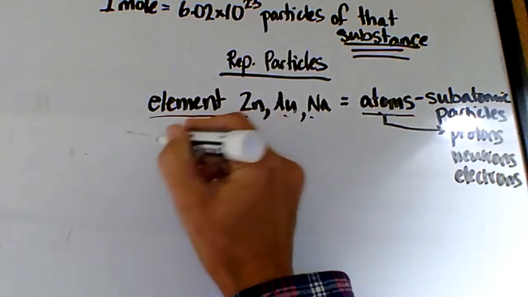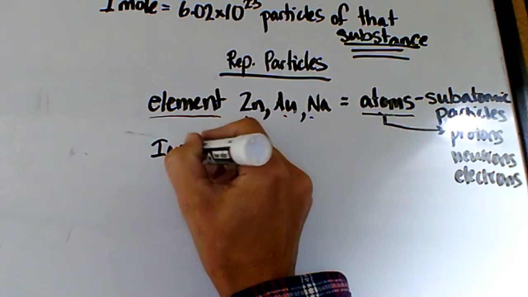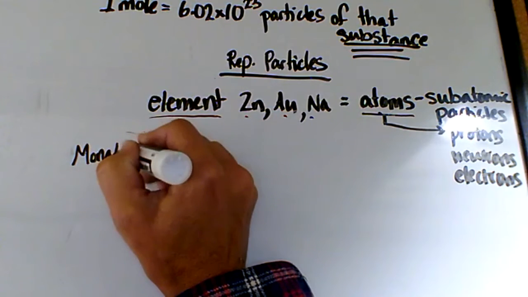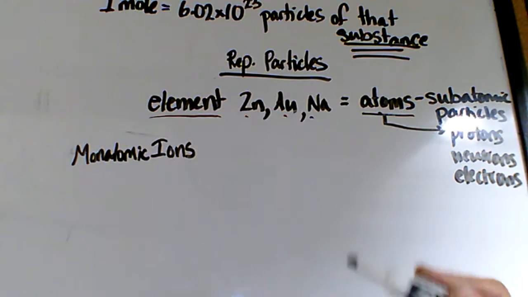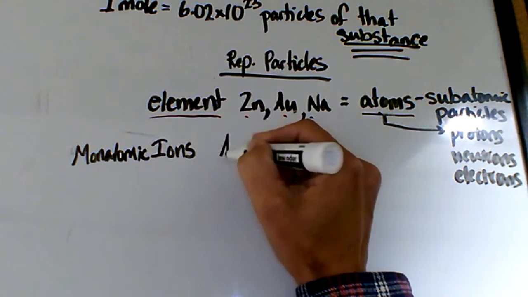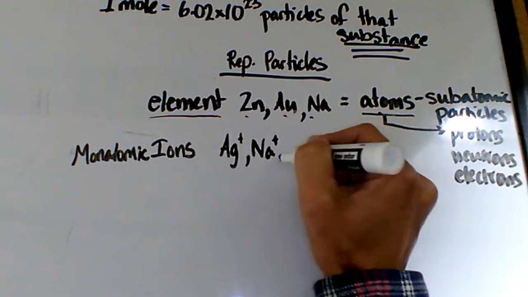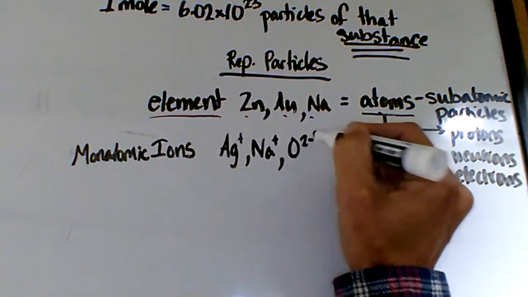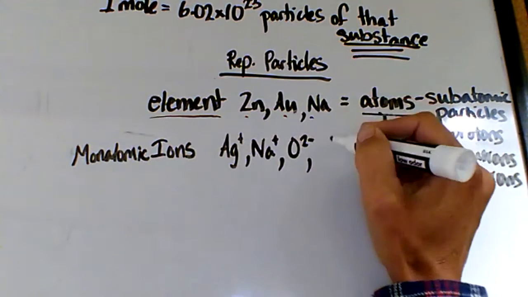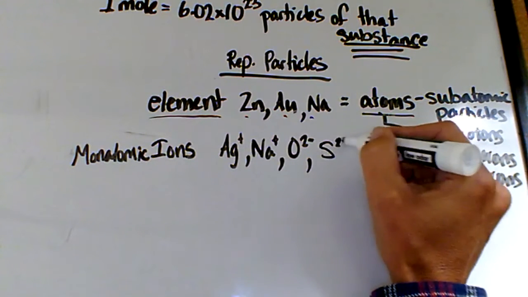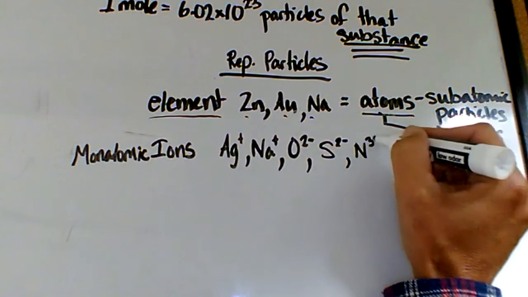And if we have ions, monatomic ions particularly, such as the silver ion, the sodium ion, the oxide ion, the sulfide ion, the nitride ion.